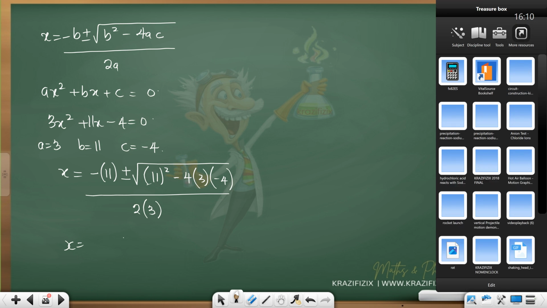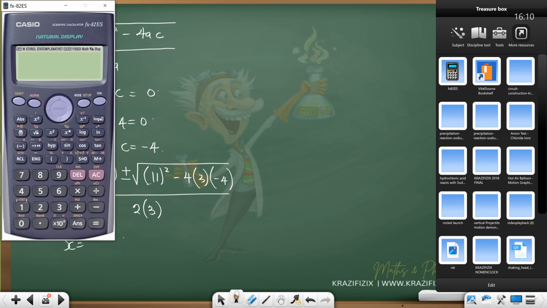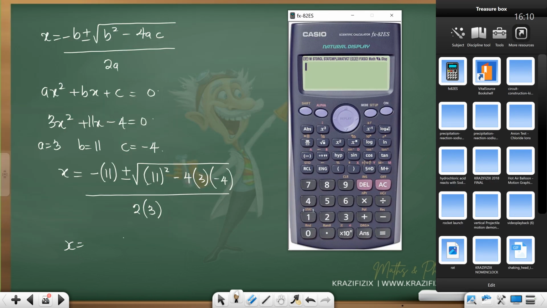Let's grab our calculator quickly. We type this in. Negative 11 plus, you start with the plus, square root of 11 squared minus 4a, then you have a negative 4 over what? 2 times 3.